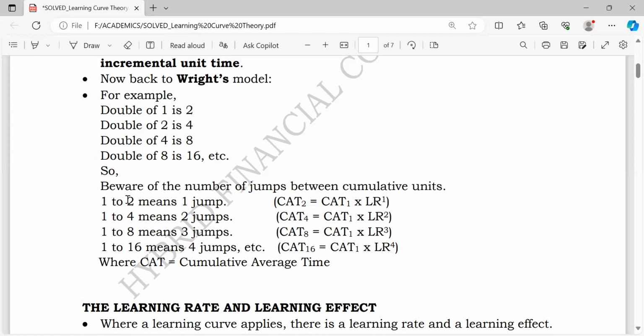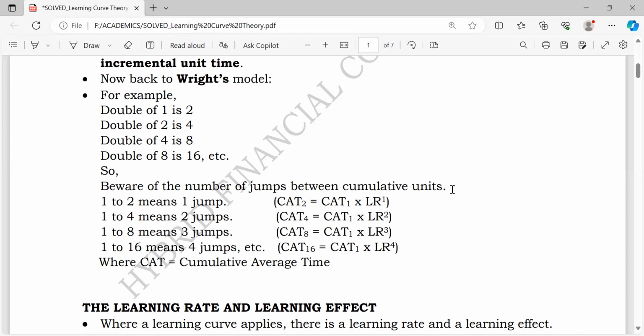Okay, so 1 to 2 means 1 jump, right? So I could say that the cumulative average time to produce 2 units should be equal to the cumulative average time to produce 1 unit times something called the learning rate. We have something called the learning rate. I told you that when units double, the cumulative average time falls by a particular proportion.